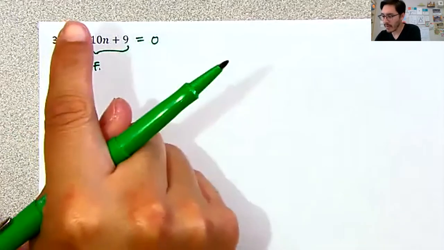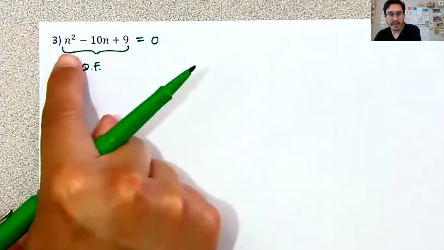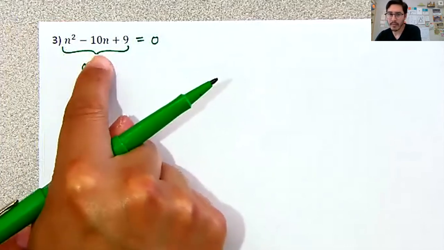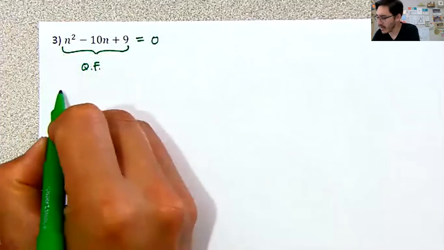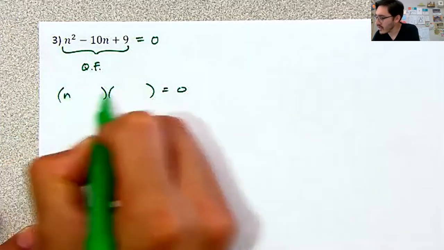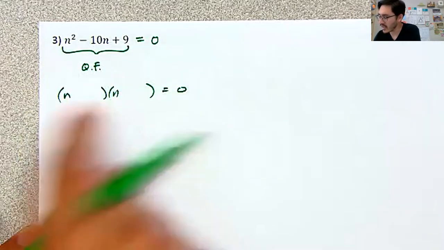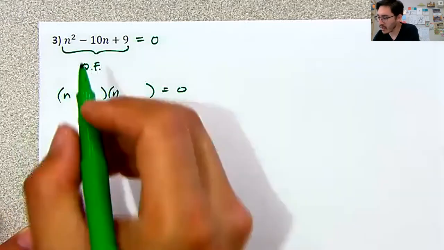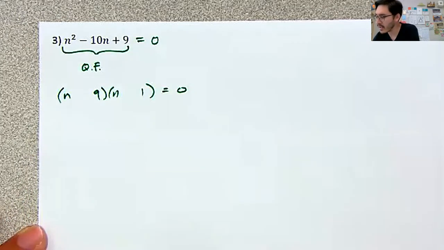All right. If you don't recognize the factors of this right away, then for sure I would recommend the area model, or the box method. I can see that n squared is n times n. 9 could be 3 times 3. It's not going to work. It's going to be 9 times 1.